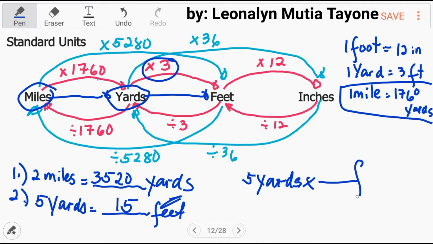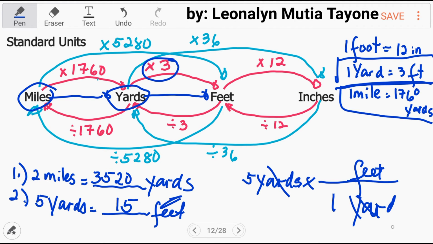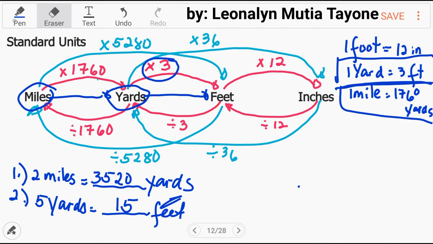I-convert natin to feet. Asan yung yard at saka si feet? So, 1 yard, para ma-cancel out niyan siya, 1 yard is equals to 3 feet. Kaya i-multiply mo lang si 5 at saka si 3.